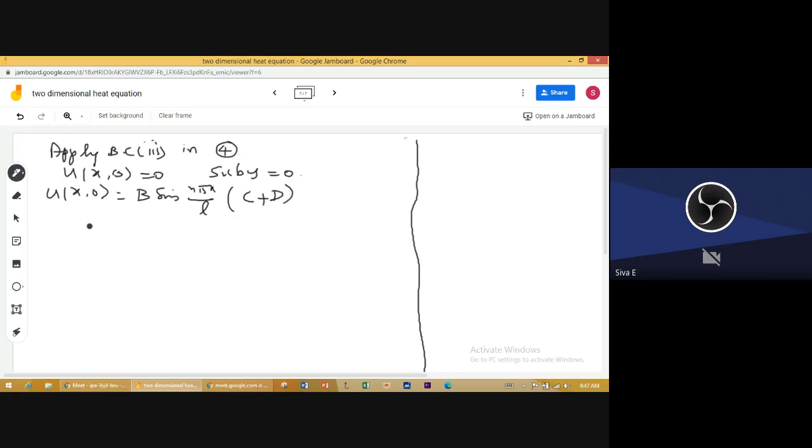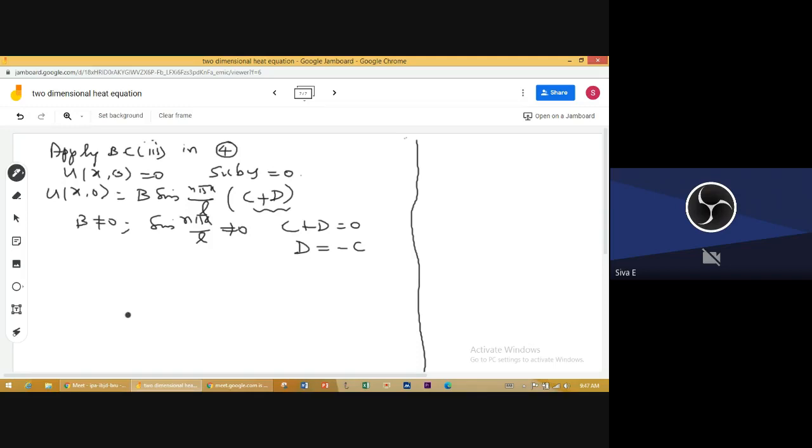So therefore, already we defined that b is not equal to 0, and sin n pi x by l is also not equal to 0. So the only possibility is that c plus d equal to 0. Therefore, d equal to minus c.